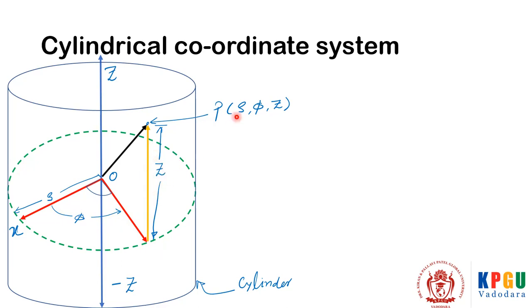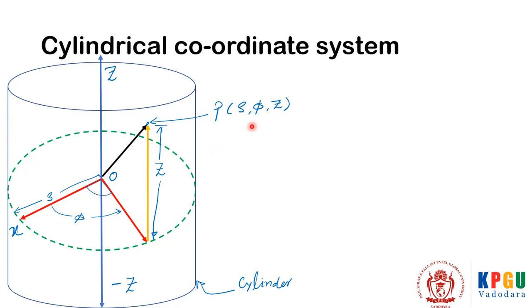So these are the coordinates: rho, the radius of the cylinder; phi, the angle it makes with the positive x-axis; and z, the height of that point from the origin along the z-axis. So P, rho, phi, and z is now a point in 3 dimensions described in the cylindrical coordinate system.